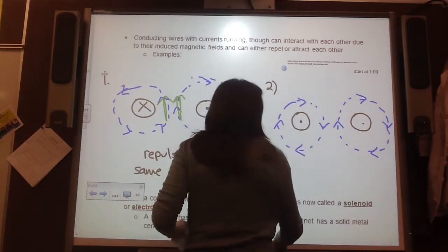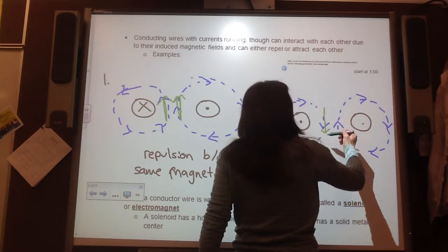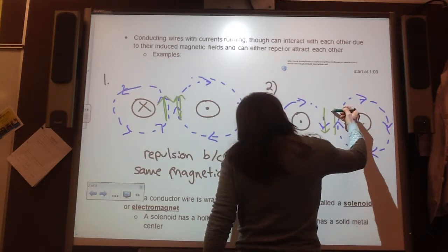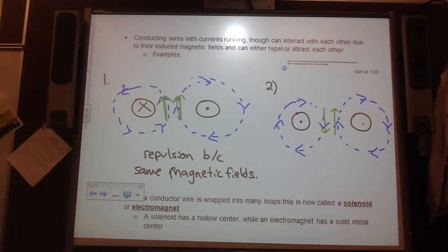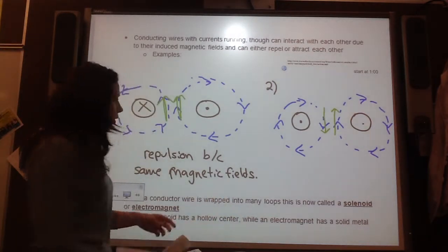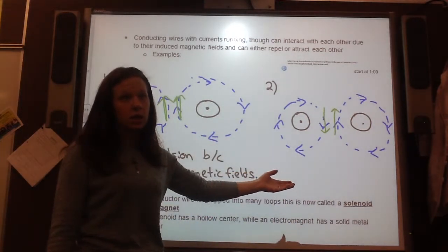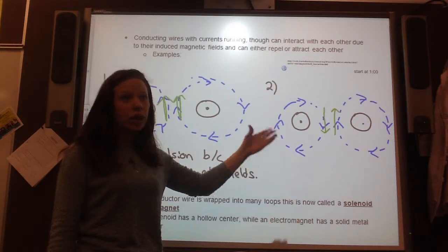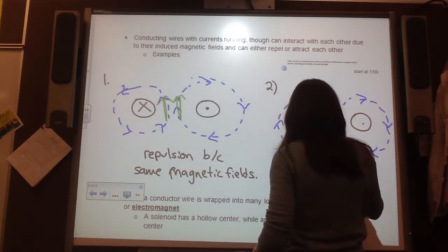Now, if we look, this arrow is going that way, and this arrow is going that way, at those points where those magnetic fields can match up. So, based off of your reason for this one, what will this one be like? Attraction, yeah. So here we will see attraction.